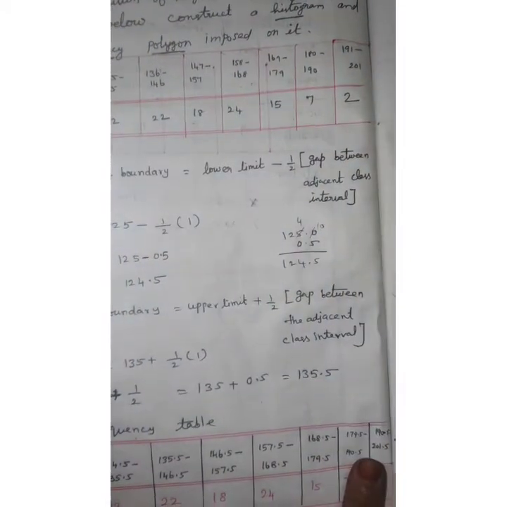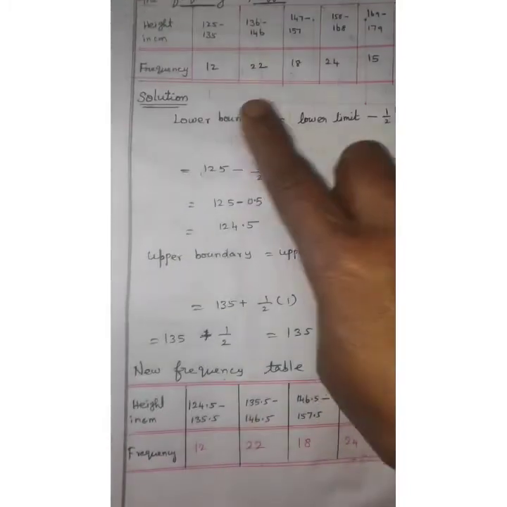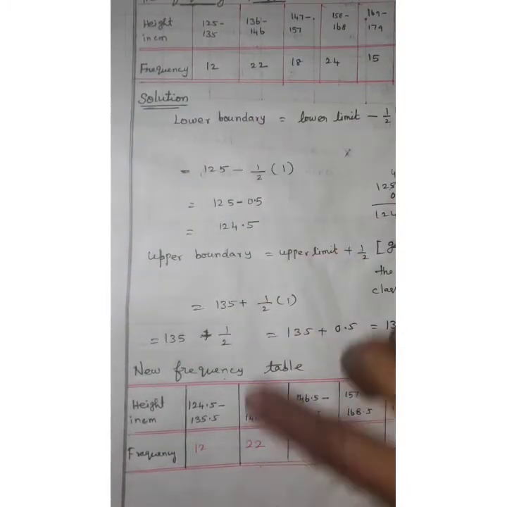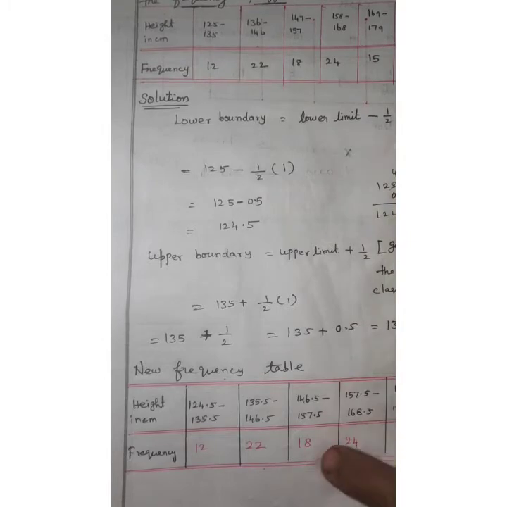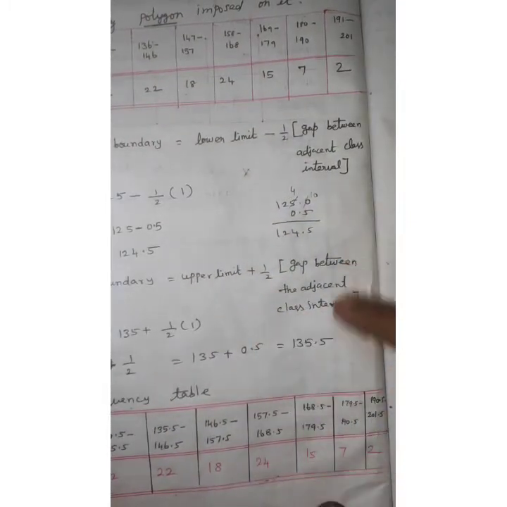The frequencies given you write as they are: 12, 22, 18, 24, 15, 7, 2.